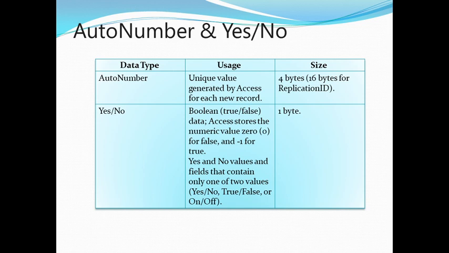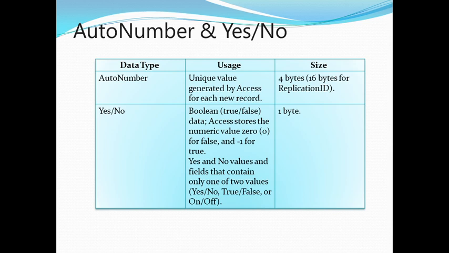Okay, now let's see what this yes and no data type is. It is used at a place where a field can have only one possible value, yes, it can either be true or false. Fine. It can either be yes or no, on or off.